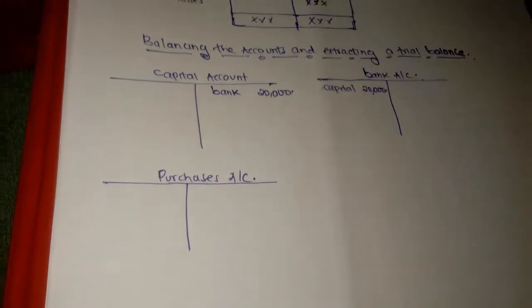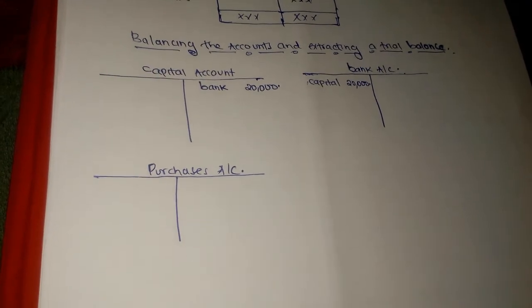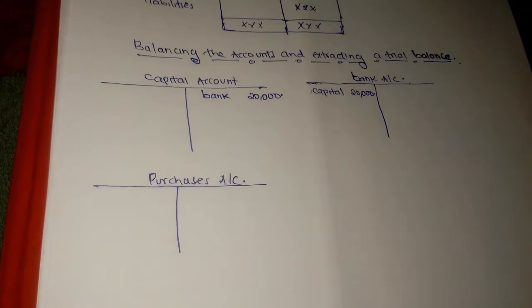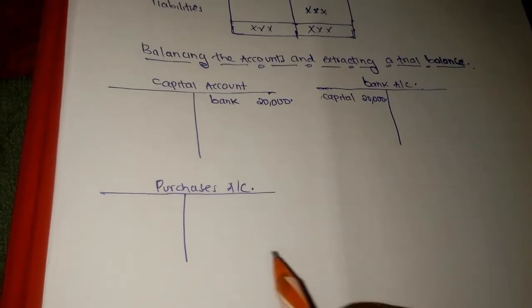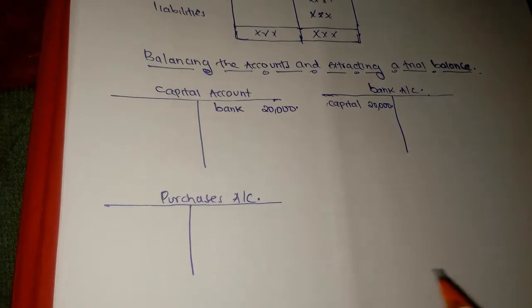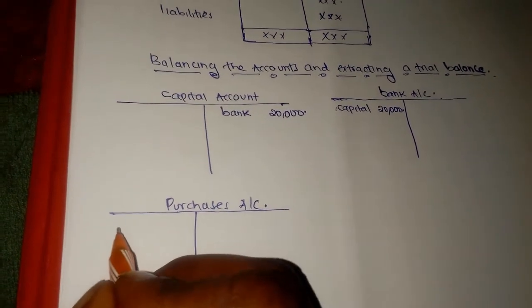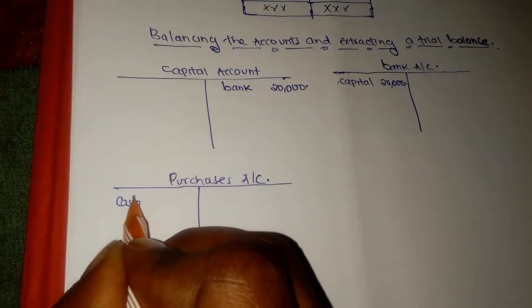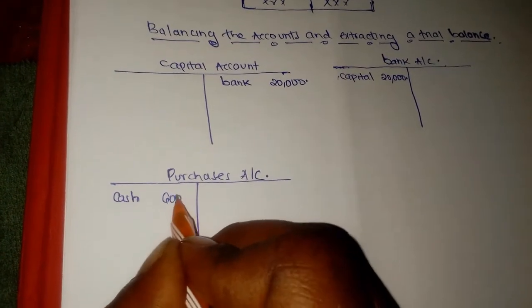This is the purchases account. There was an increase in purchases, and we used what? We used cash. How much? 6,000.